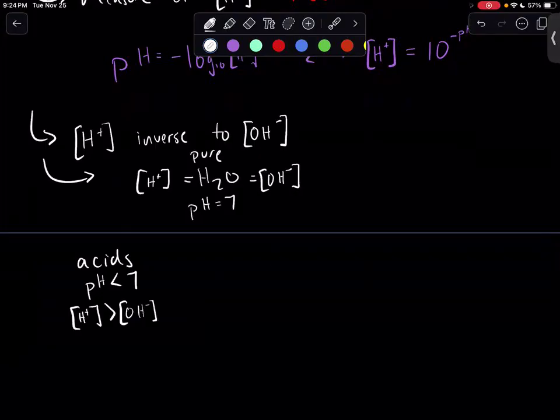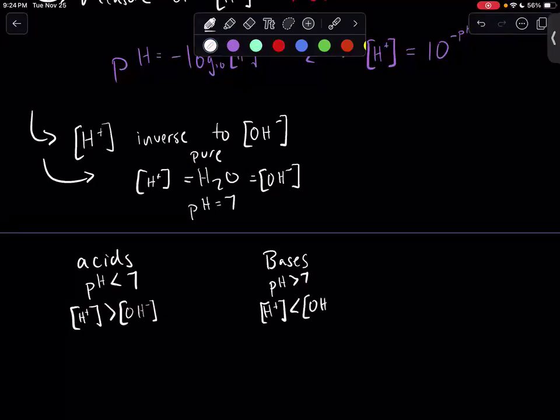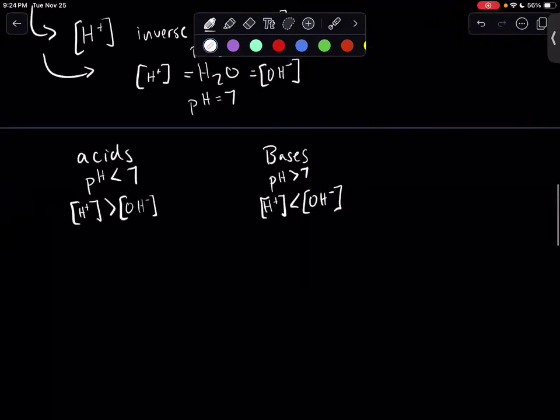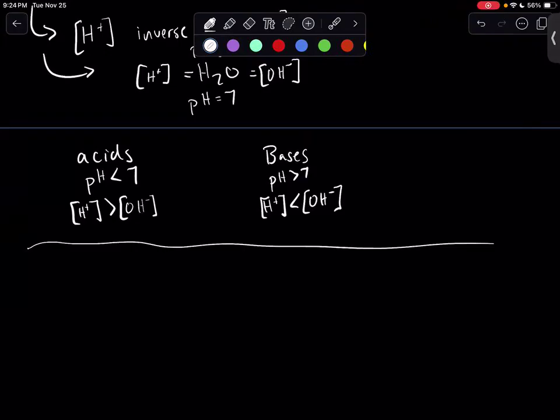Conversely, when we're thinking about bases or alkaline solutions, we'll have a pH greater than 7, and a concentration of H plus that is less than the concentration of OH minus. So this is kind of what we're referring to, and we're going to go ahead and actually explore this mathematically in a little bit. But before we talk about OH mathematics, let's talk about pH calculations.